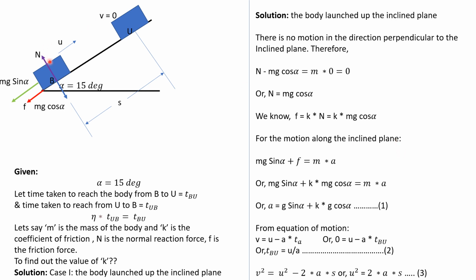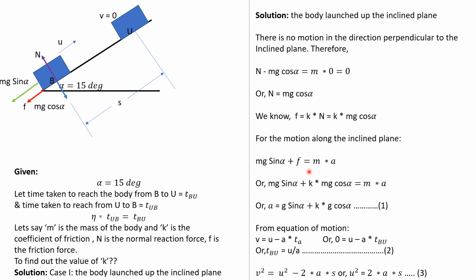Now we will apply Newton's law of motion when the object is moving along the inclined plane. Along the plane, one force is the component of gravitational force in this direction, and since the body is moving up, the friction force F will be opposite to it, acting down the plane.